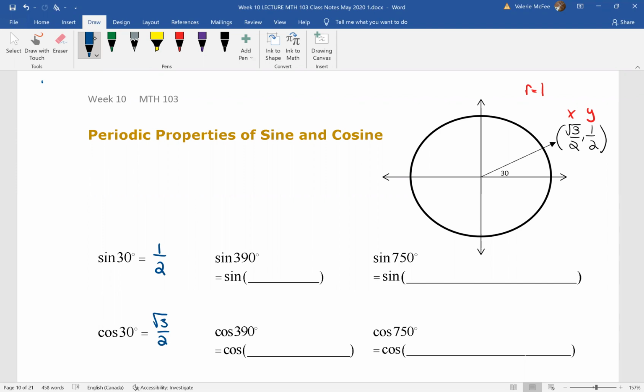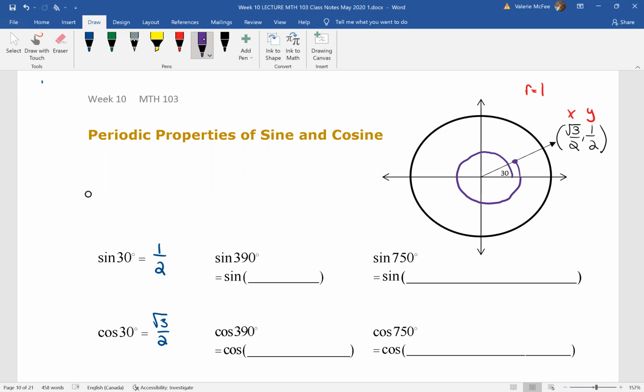Now let's think about the sine of 390 degrees. That means we've gone around the circle more than once. In fact, if we start on our initial side at 0 and go 360 degrees, that takes us back to the initial side, and then another 30, we end up at the same 30 degrees.